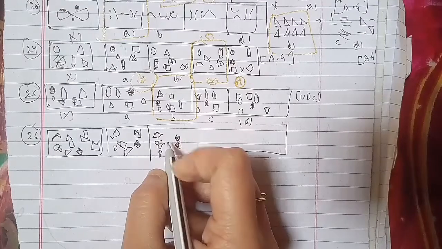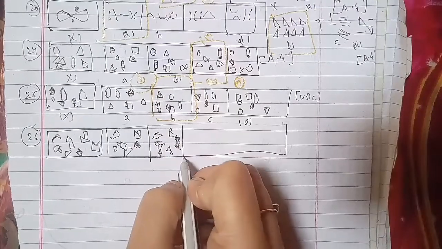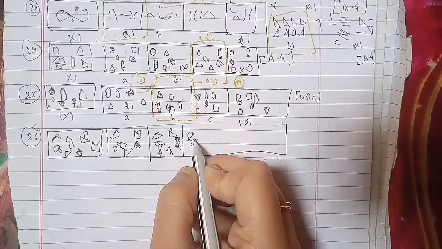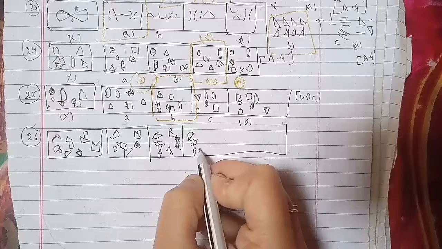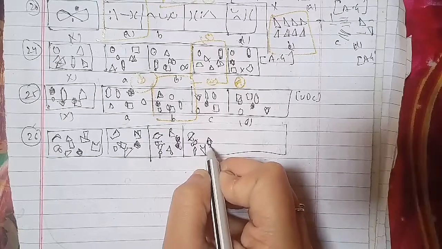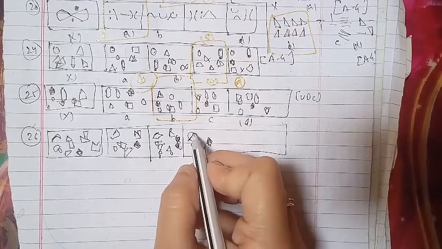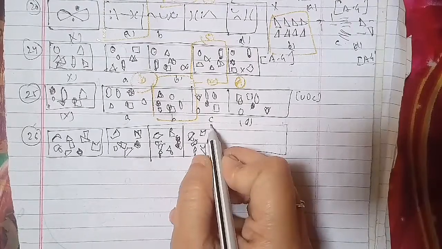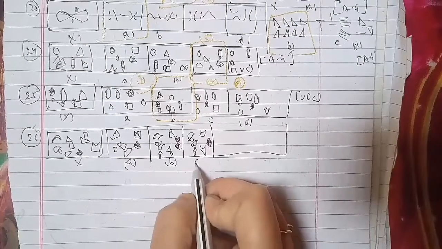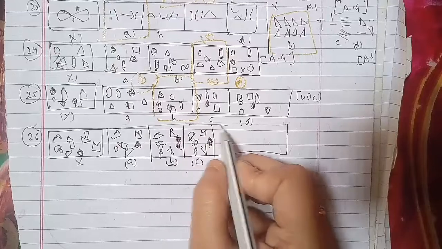So here for the same, the next we have this is A, this is X, B, C, and the D of course here. That we have as follows here.